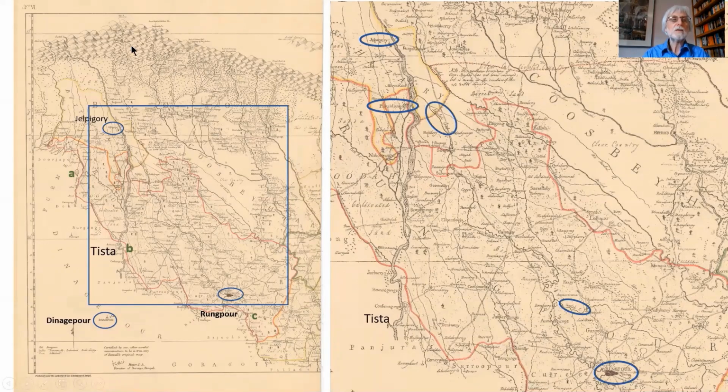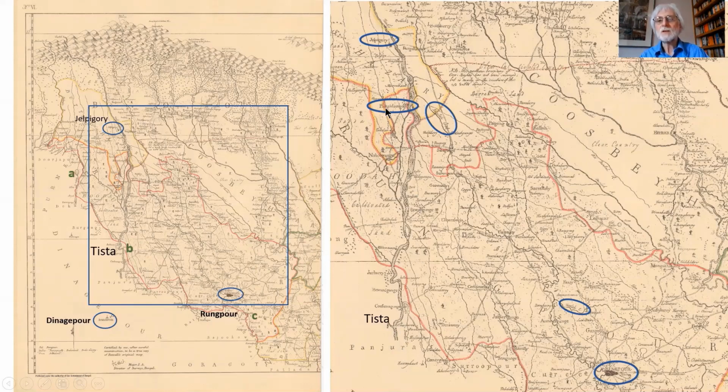So this is the sheet. The right-hand image here is the area shown by this rectangle. You can see the Tista here, passes the town, travels to the south, exits the district, and so on.